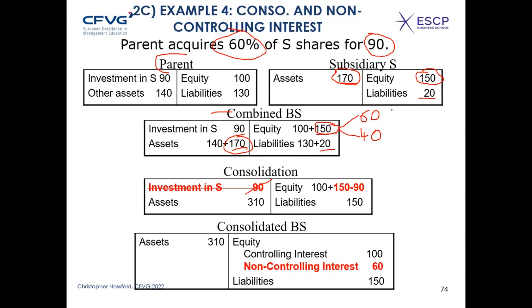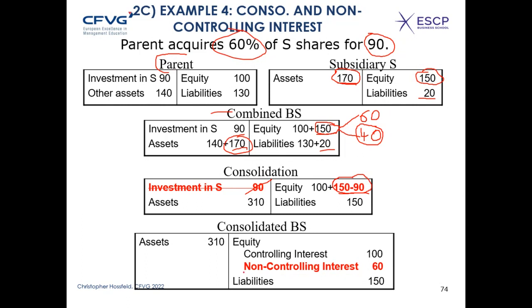Maybe the subsidiary is listed on the stock market and the 40% are some other shareholders. And the 40% equity provided by other shareholders is of course not group internal and therefore cannot be eliminated and should not be eliminated. Okay? So I will eliminate here only 60% of the equity of the subsidiary, which is 90. And after doing this, an amount of 60 remains in the consolidated balance sheet, in equity.